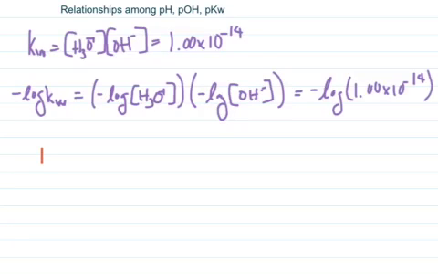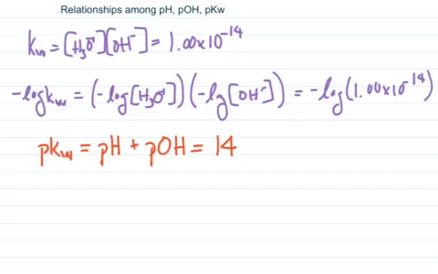This gives us pKw is equal to pH plus pOH, which equals 14.